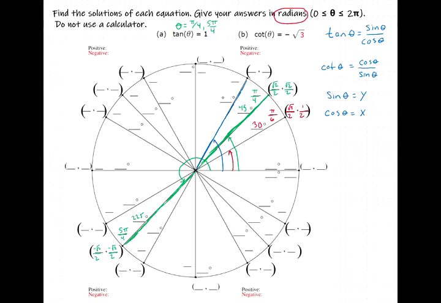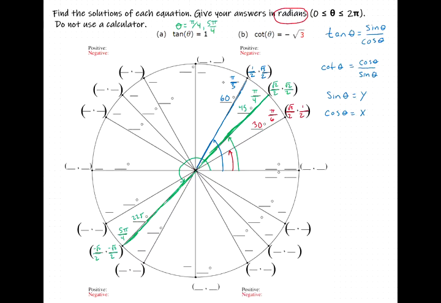If the angle is 60 degrees or pi over 3 radians, we have the same values as with pi over 6, just switched. So the x-coordinate is 1/2, and the y-coordinate is root 3 over 2. Okay, but for the value of the cotangent to be negative, we need one of those coordinates to be negative.